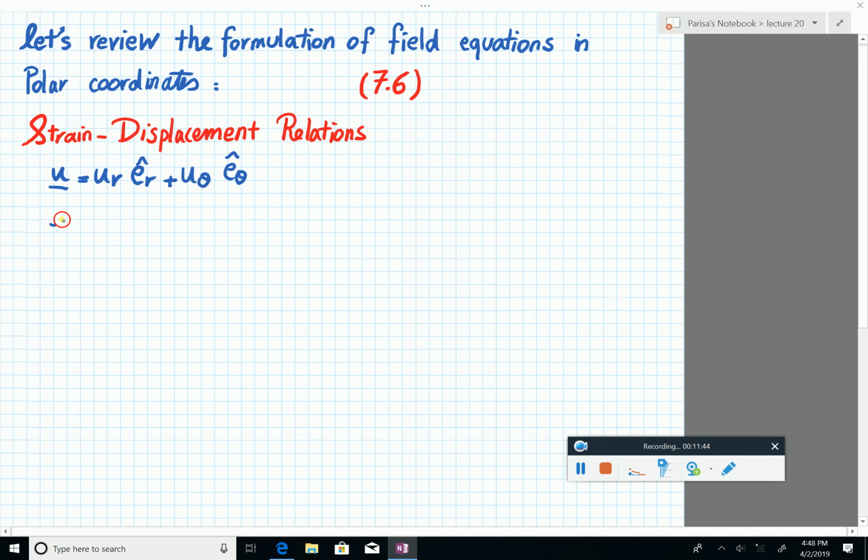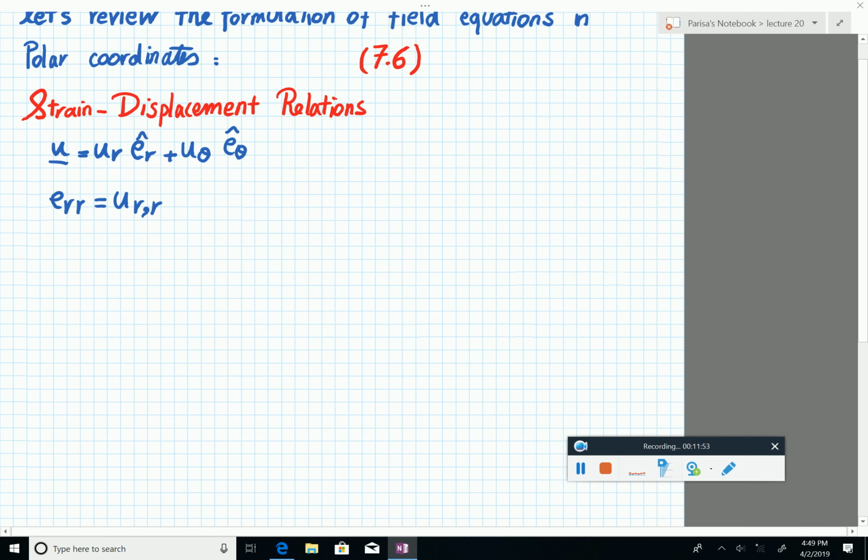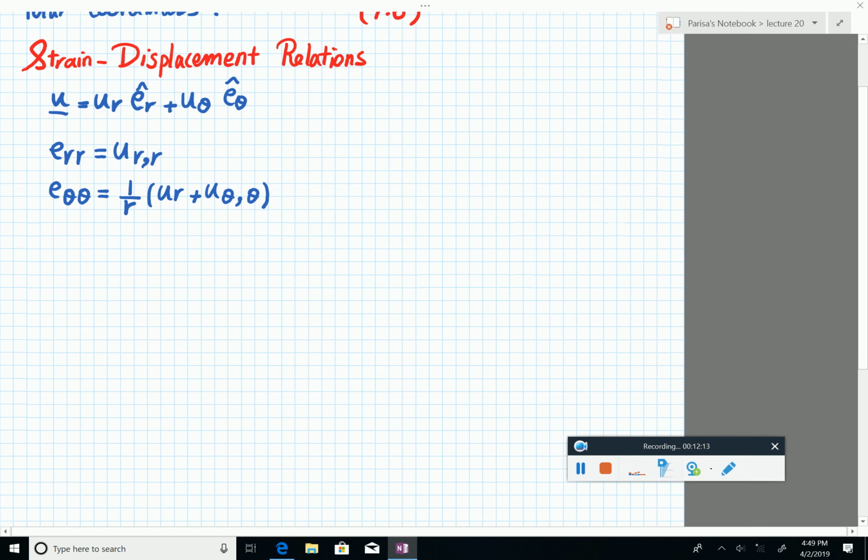Now the relationship between strain and displacement is a little bit more complicated than what we know in Cartesian coordinates. So epsilon_rr, epsilon_theta theta, and then epsilon_r theta.